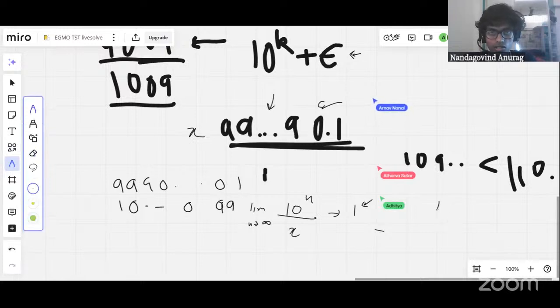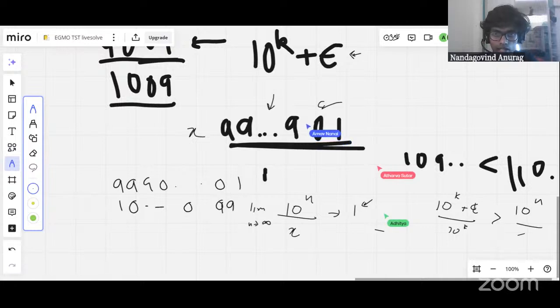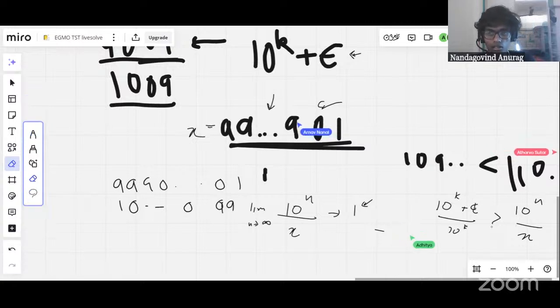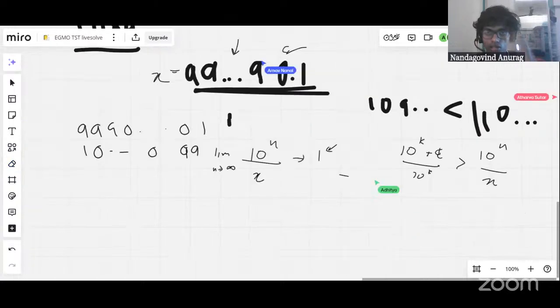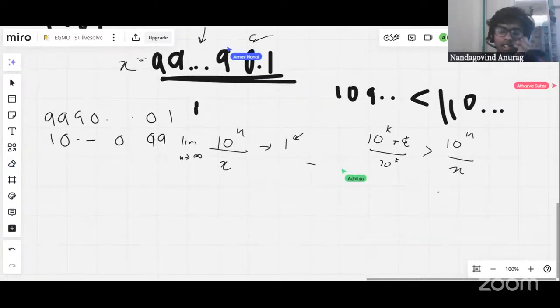Okay, wait. What we want is 10 power k plus epsilon by 10 power k is greater than 10 power n by x, where x is this thing, 10 power n plus... This should work, right? This will cause this to go to the next digit, right?